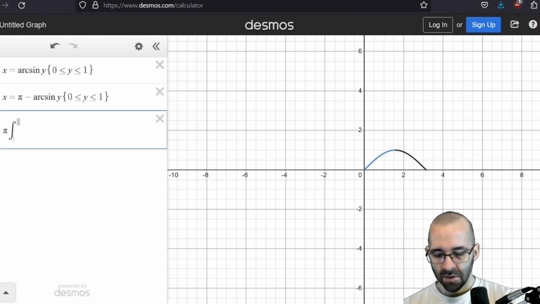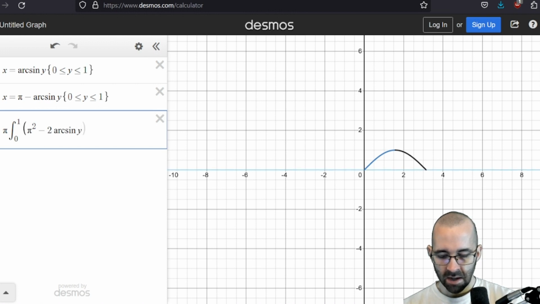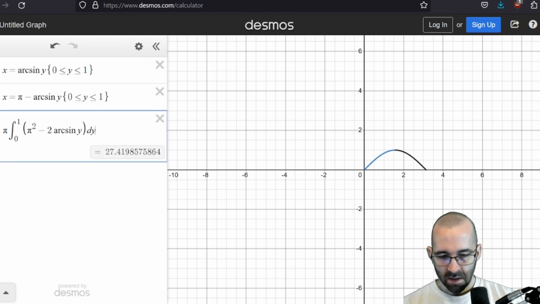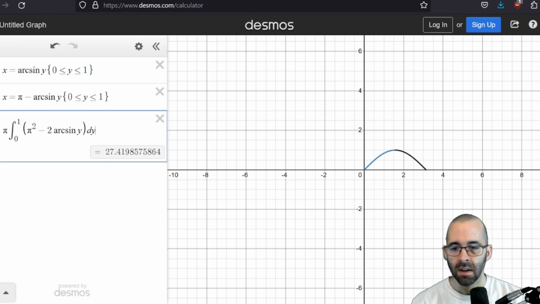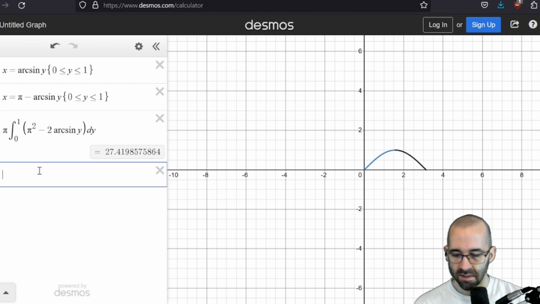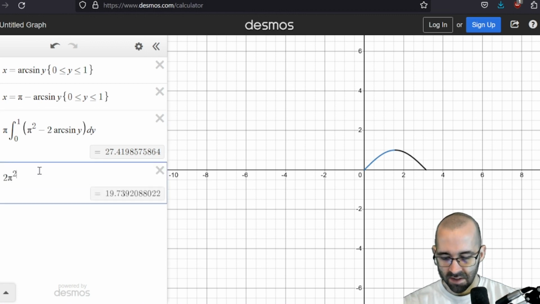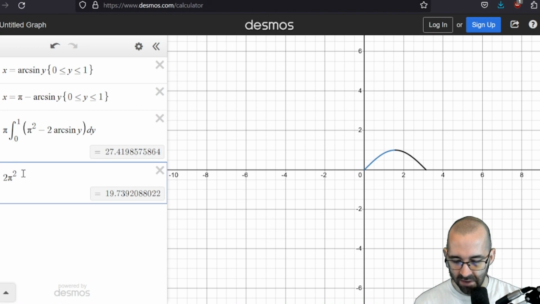Pi times the integral from 0 to 1 of pi squared minus 2 arcsine y dy. Let's see if that's the same answer that the book has. The book has 2 pi squared as the answer. That's not the answer.